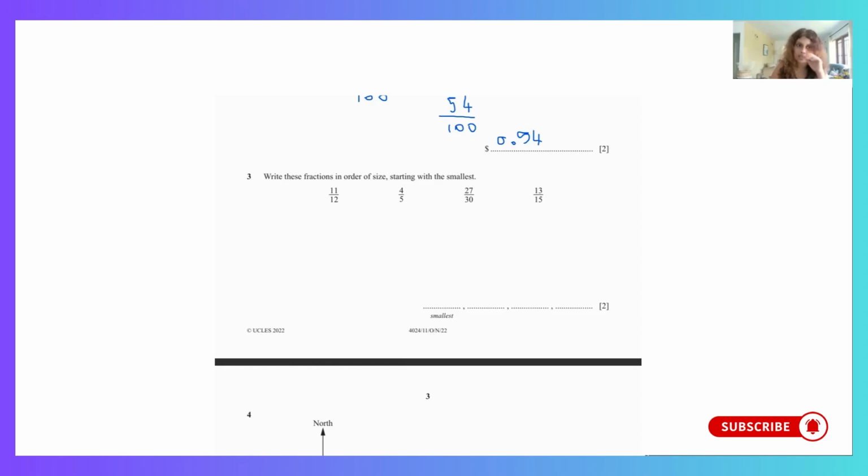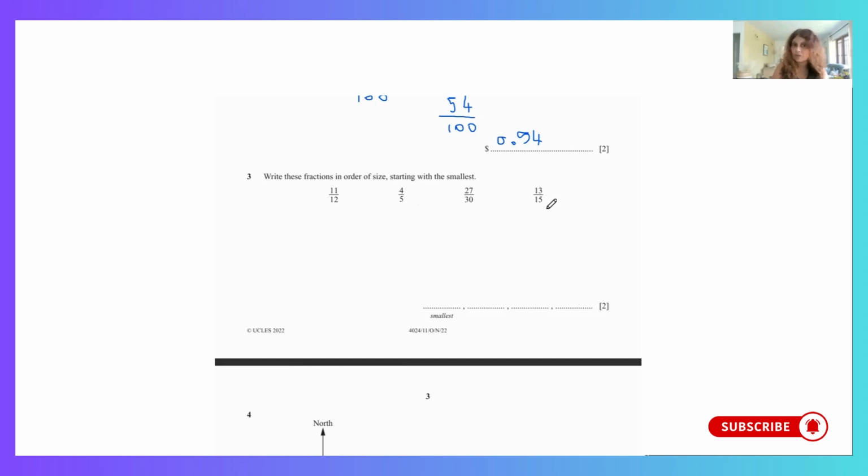So let's look at the denominators of these four fractions. In the first fraction, the denominator is 12, the next one is 5, the other one is 30, and in the last fraction, the denominator is 50.